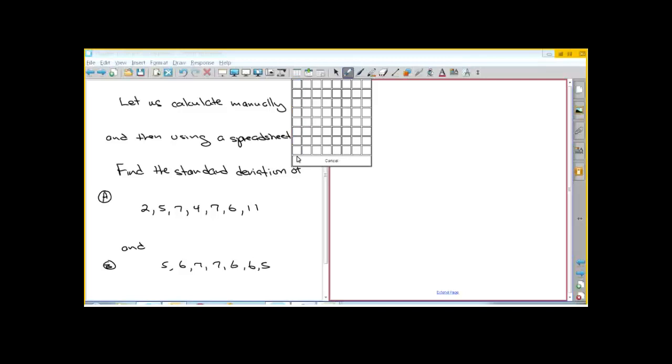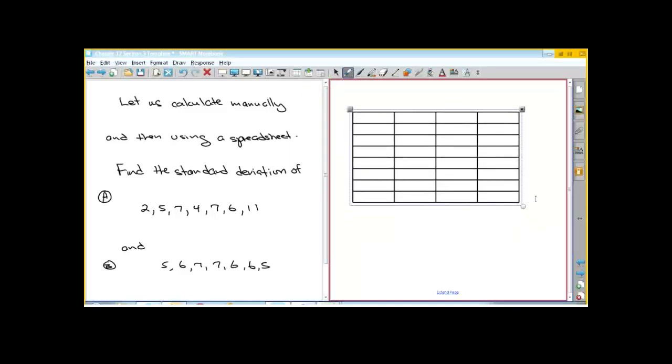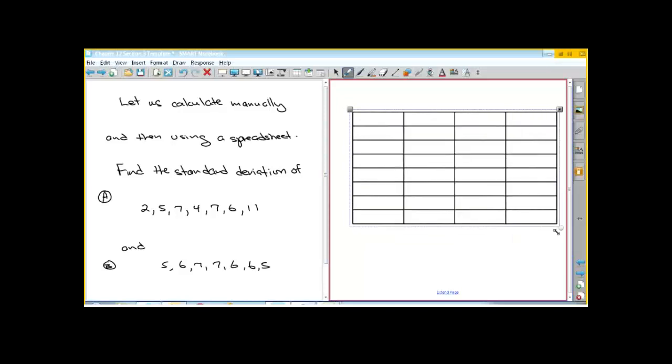I probably need 9, but I'm going to just go with 8 because that's as big as they'll let me do. And so I need the data. I need one for the deviation from the mean. I need to square it. But I can add all those things up. I think I only need 3, but I'm going to do 4 just to be on the safe side. If I don't need it, I won't need it.